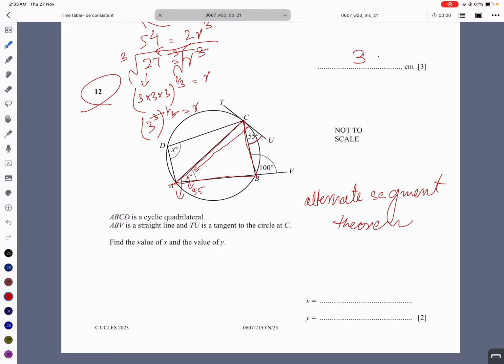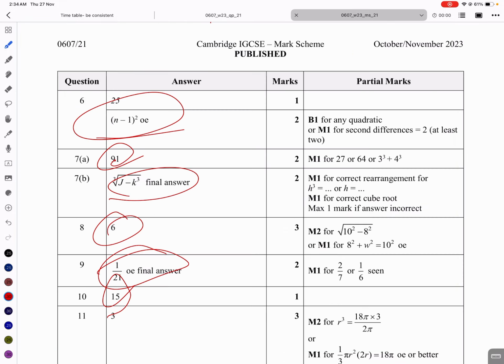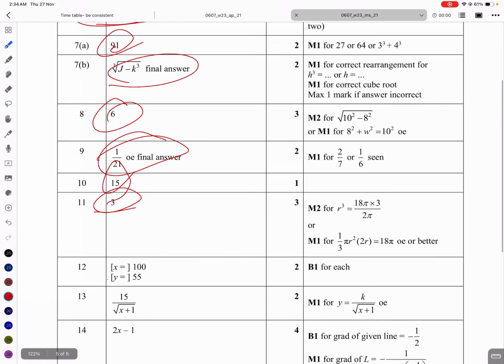So this will be 55 degrees. Okay, got it? And for this you can't apply the tangent. Angles on a straight line add up to 180. Opposite angles in a cyclic quadrilateral add up to 180. So 180 minus 80 will give you 100 degrees. You can check the answer. The answer was 55 and 100.